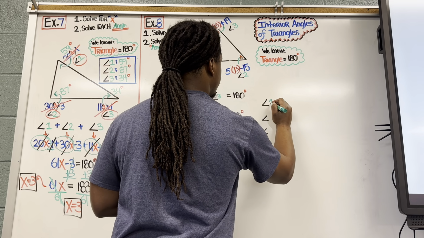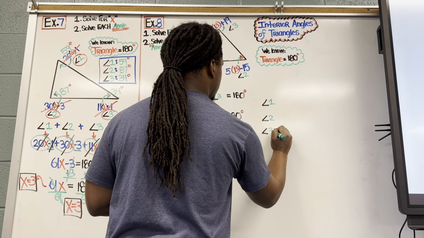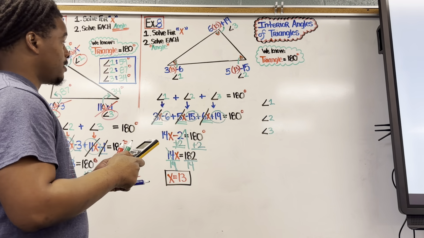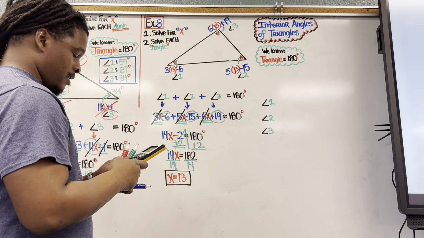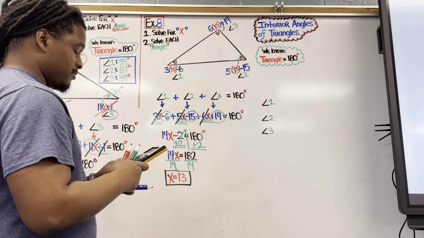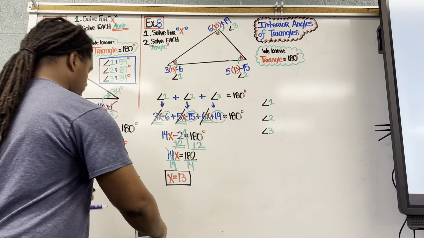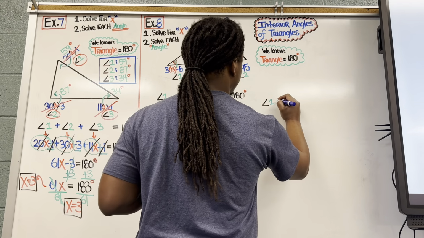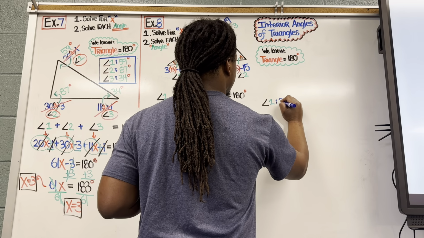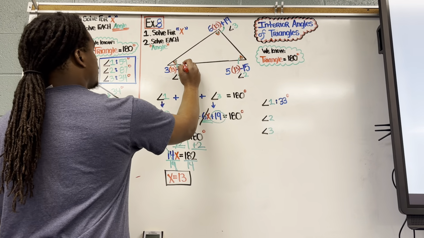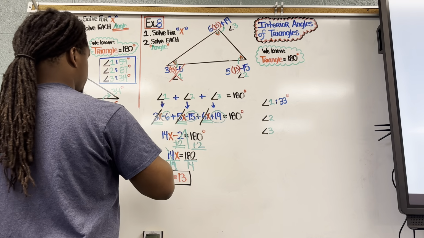So now let's go ahead and do angle 1. So angle 1, if I solve that algebraic expression, all right, I'm gonna have 3 times 13, which is 39, and then 39 minus 6 is 33. So angle 1 is 33 degrees. All right, so I can cross this out, and I can put 33.